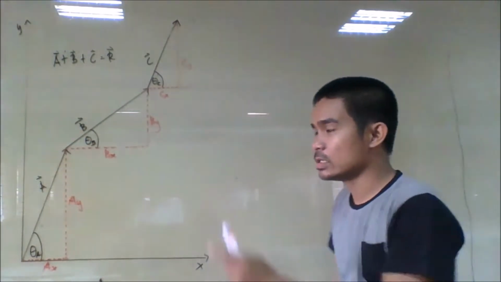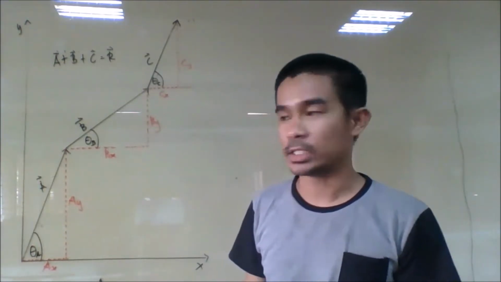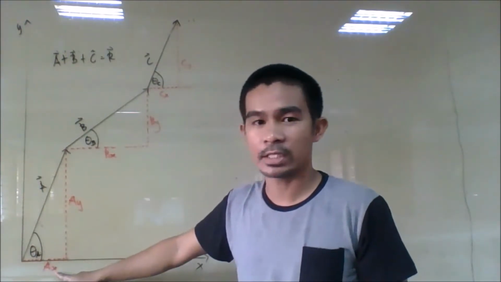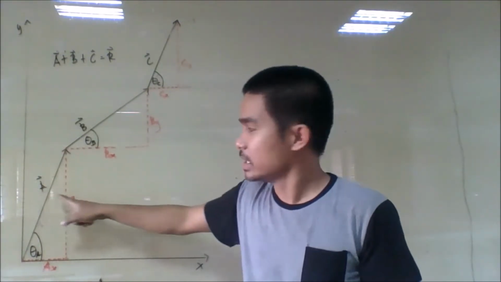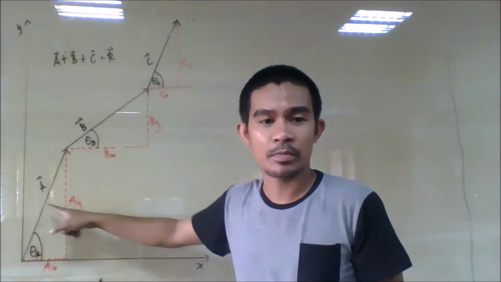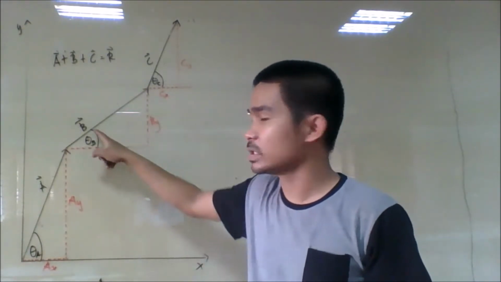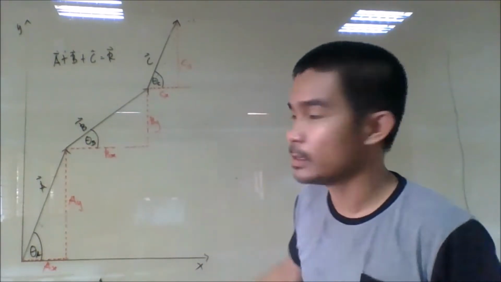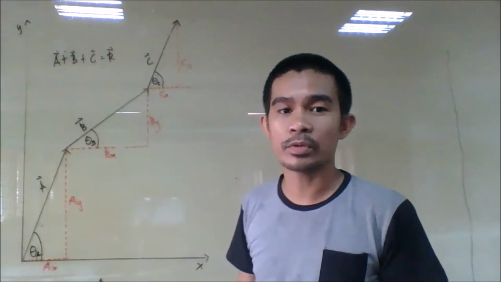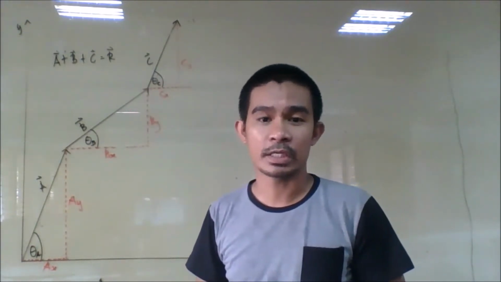Again, each vector has its x and y component: Ax and Ay for vector A, Bx and By for vector B, and Cx and Cy for vector C.